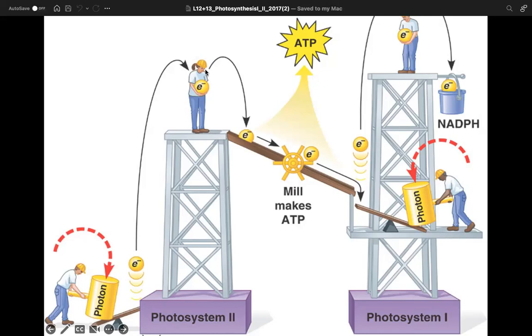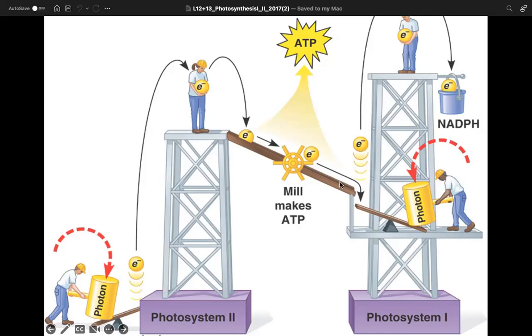So we're here, right? We got the energy from this photon. We are charged. And we kind of slowly go down this, they're calling it this mill. This is our cytochrome. And here we're losing some energy to go and make ATP.